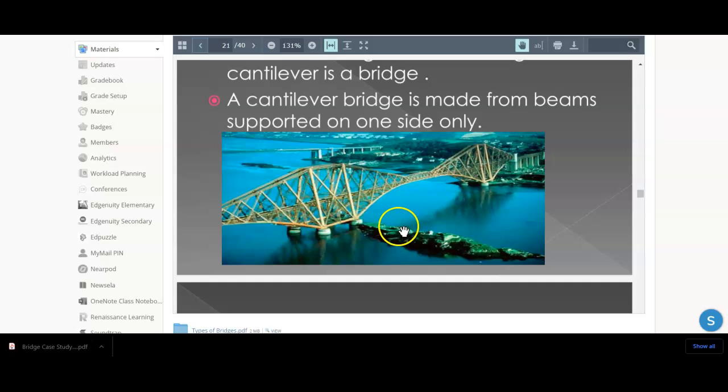This is a cantilever bridge. Cantilever systems are developed by, let's see if I could draw it right here. So if you have a cantilever, let's just say this is a column here, this is a column here, and let's just say we're trying to make a balcony.